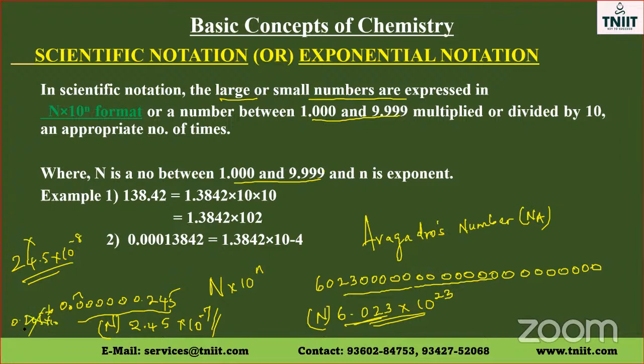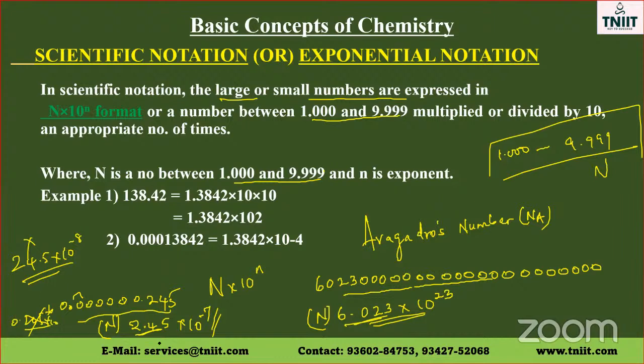This also is wrong. So in scientific notation, the N value should be between 1.00 and 9.999, in order to represent any large or small number.